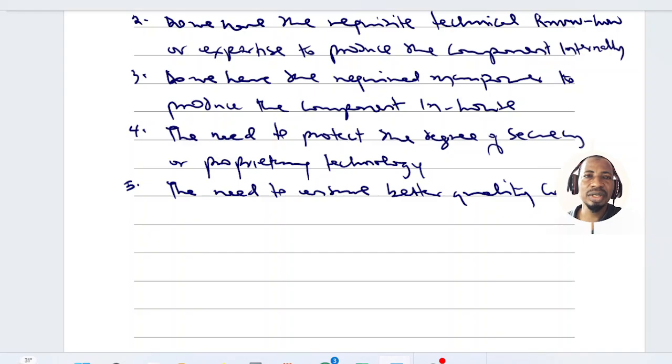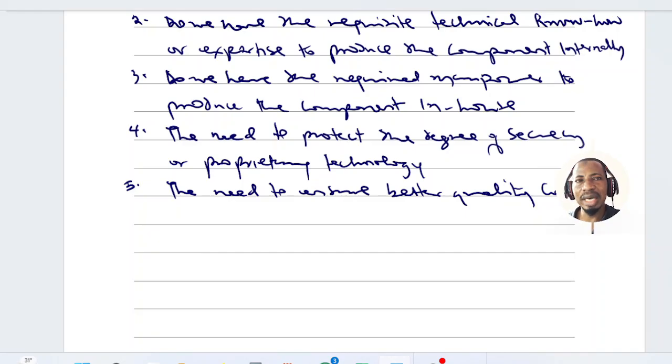Say, for example, the company is already producing the component. How are you sure that the external supplier is going to maintain the existing quality of the product? So to ensure better quality control of the product, the company may decide to just produce the component internally.